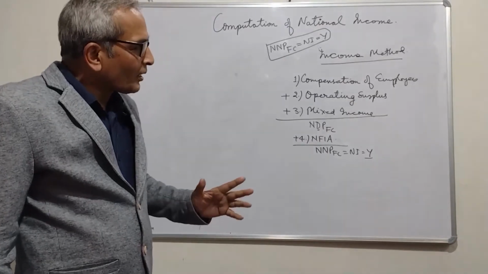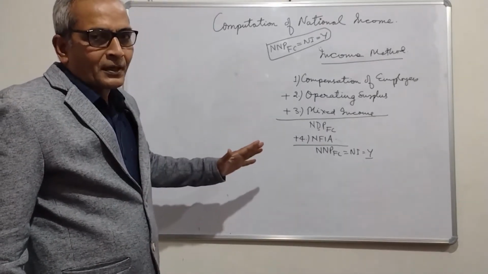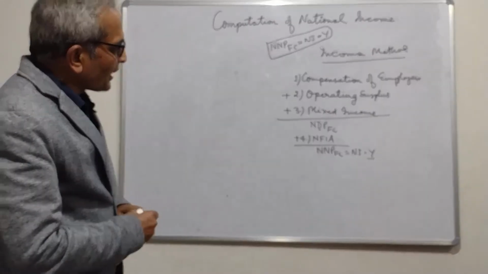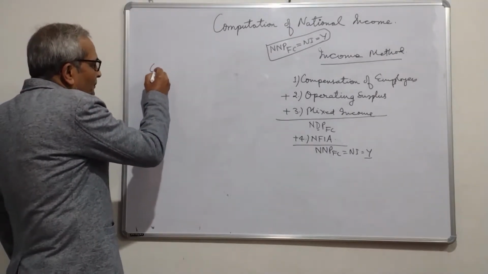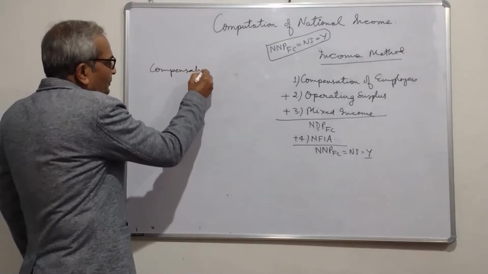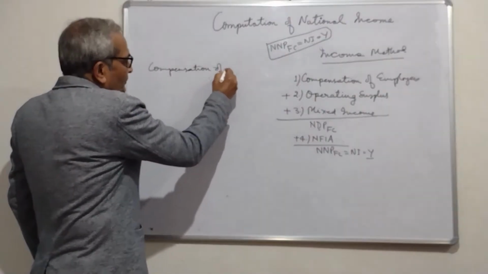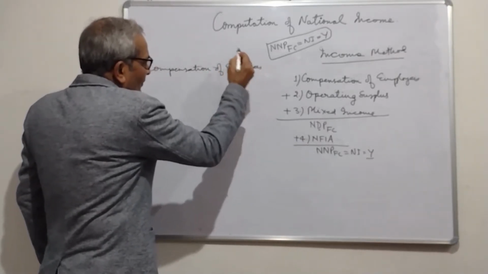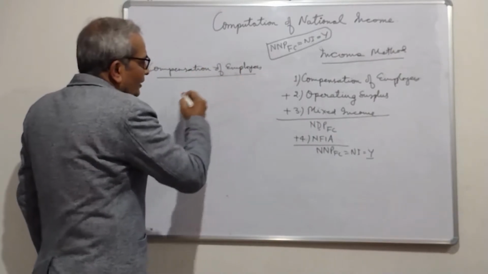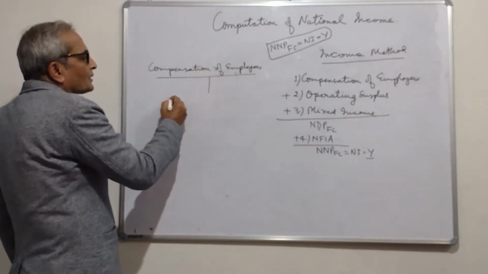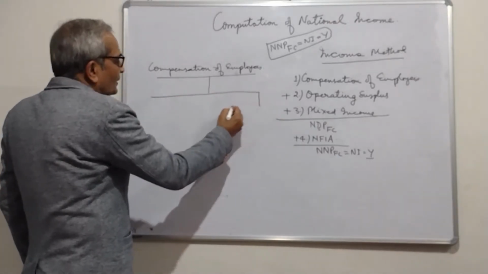Right? Now these are the main parts. Fine. It has subparts, like compensation of employees. Now, this compensation of employees has three subparts.